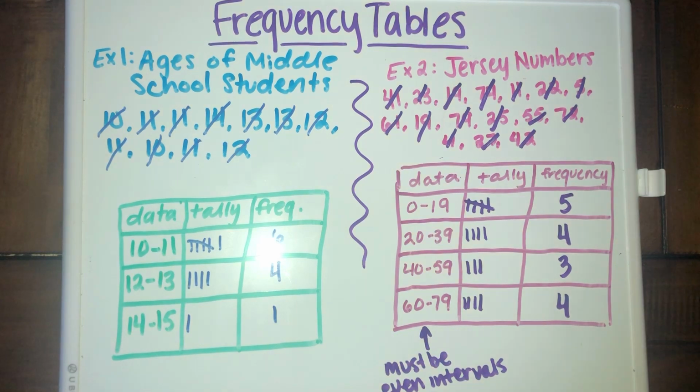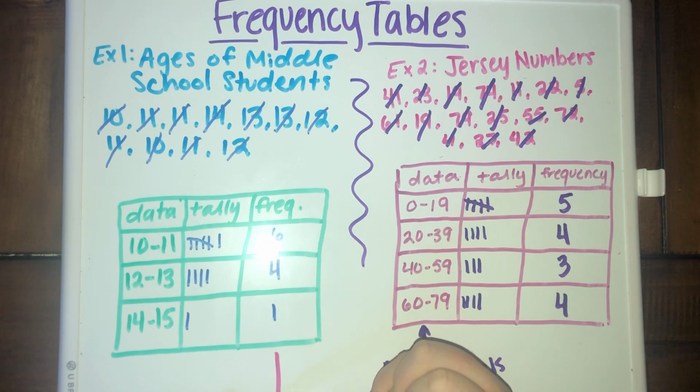Now, what you use frequency tables for is really just a way to display your data in a different way. But we're going to use frequency tables typically to make histograms, and we're going to talk more about that in another video. Just very quickly, I'll do a little doodle at the bottom to show you what I'm talking about. You've seen them before, you just might not know that's what they are.